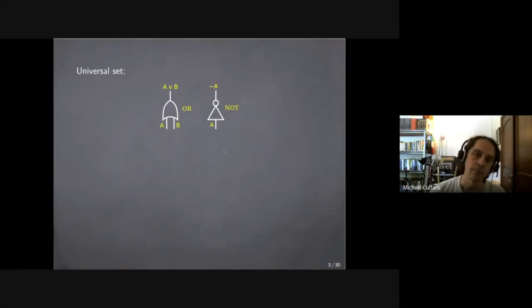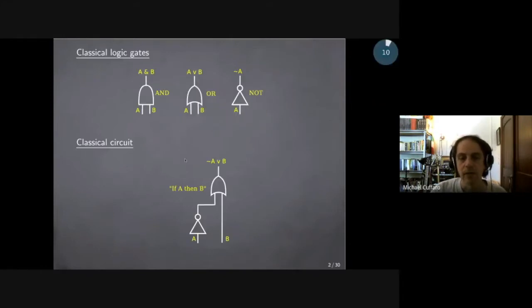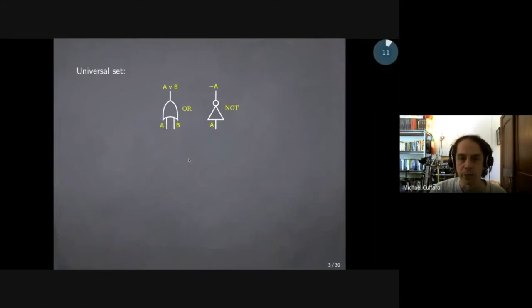Now, in classical computation, we can speak of a universal set of computational gates. It so happens that this set of gates is universal in the sense that, just as I did here, I can construct any other logic operation I want using just these two gates.